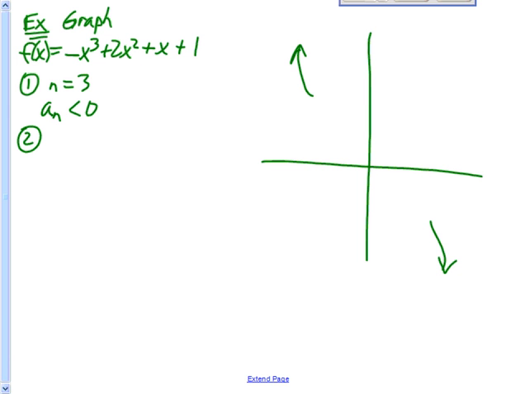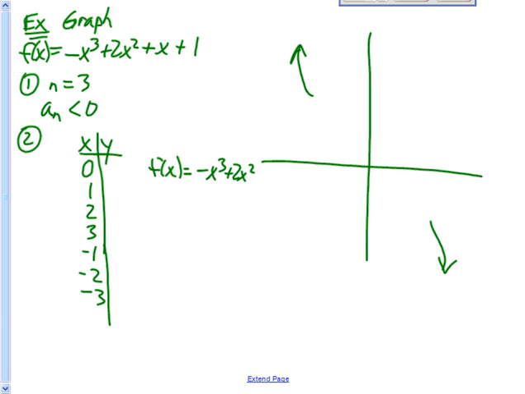So what you've got to do is start graphing a bunch of points. Throw a bunch of points on here, like 0, 1, 2, 3, negative 1, negative 2, negative 3, and then start doing it.